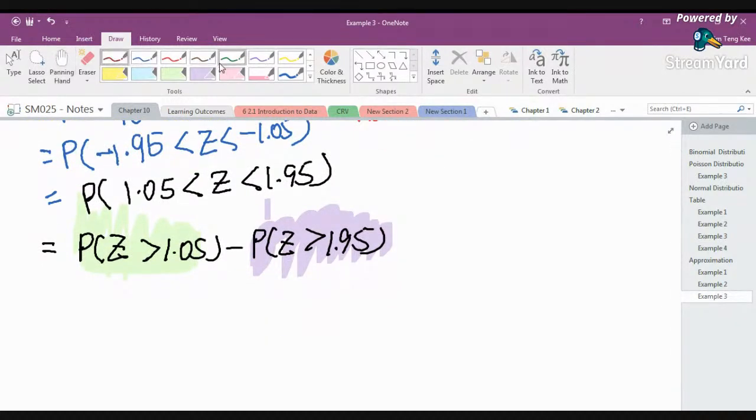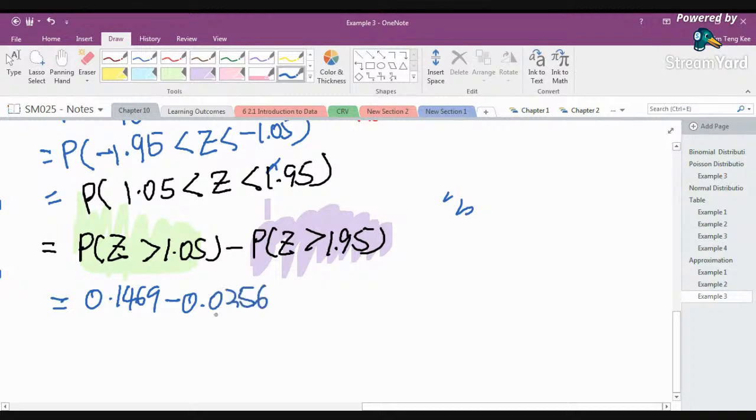Then from the statistical table, we obtain our answer. We have 0.1469 minus 0.0256, and as a result, 0.1213 as the answer.